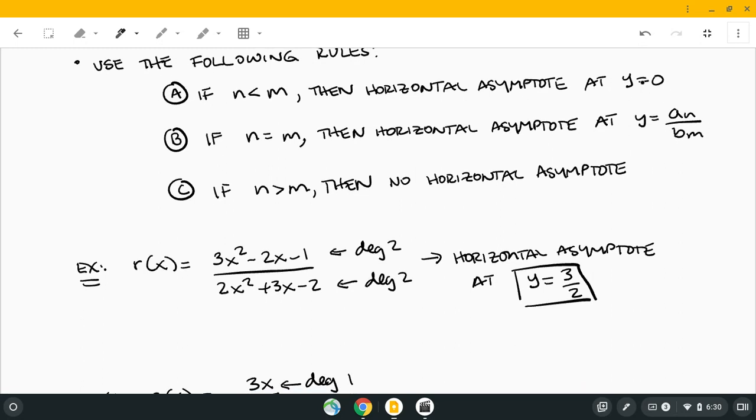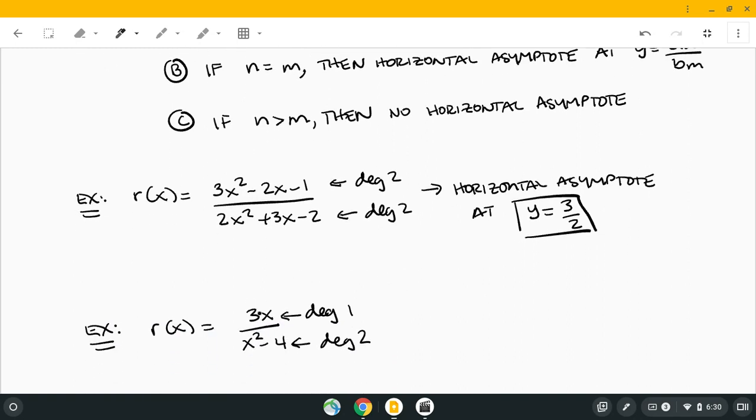Okay, so those are basically your two choices. If it's the same degree, you'll use the leading coefficient over leading coefficient. If it's a smaller degree on top, then it's just automatically a horizontal asymptote at y equals 0.